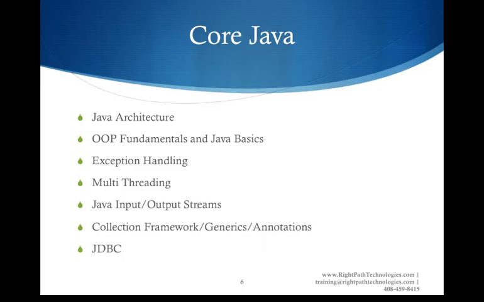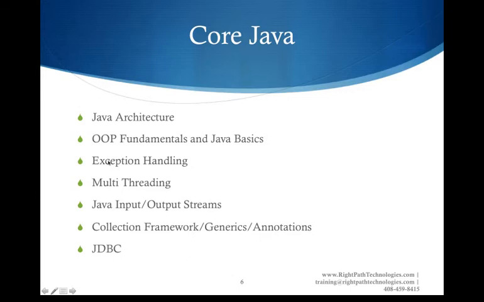What are the different moving components in Java? Then we will look into object-oriented programming fundamental concepts. Then we'll also learn some Java basic concepts, like how you write a simple program, what the different components in a Java program are, what a keyword is, how you write the operators, and many more.